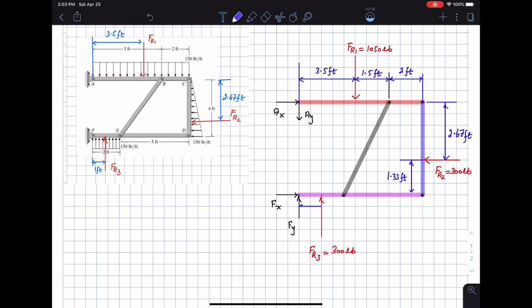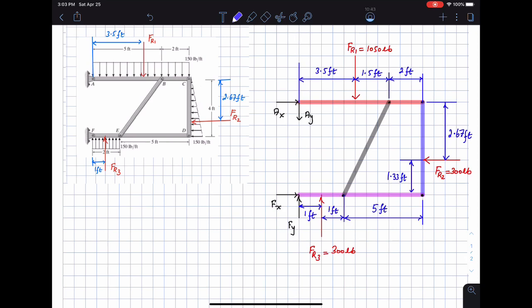This is a distance of 1 foot, and then the remainder of the distance, that's 5 plus 1, that is 6 feet. Starting from here to there is also 1 foot. These distances are all needed because we are going to draw the free body diagram of the individual bars. And this distance is given to us in the problem, and that's 5 feet.